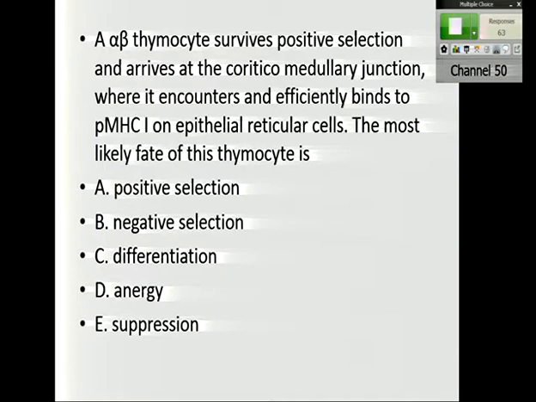Any T lymphocyte which has weak affinity is selected, and that is why you have all those LFA, those integrin combinations between the antigen presenting cell and the T lymphocyte. That is what keeps them together. Because they have weak affinity to the self MHC, only those remain.